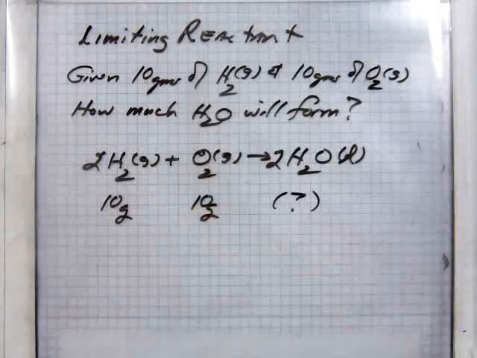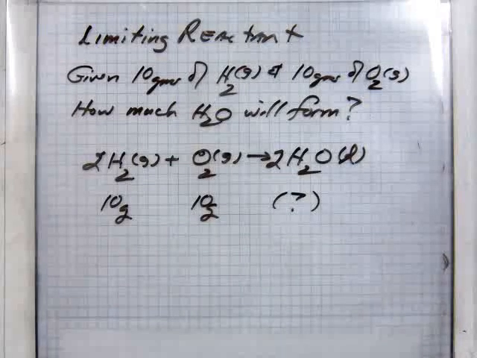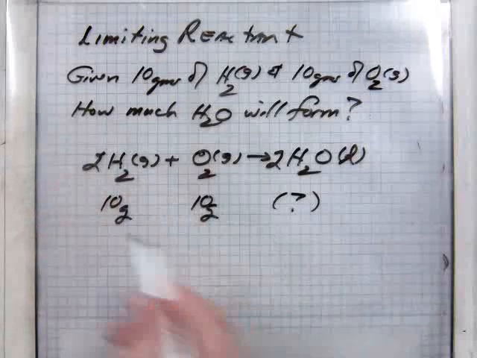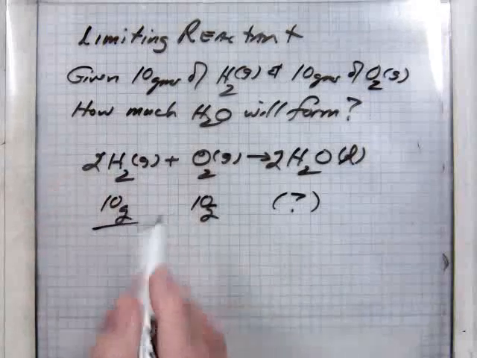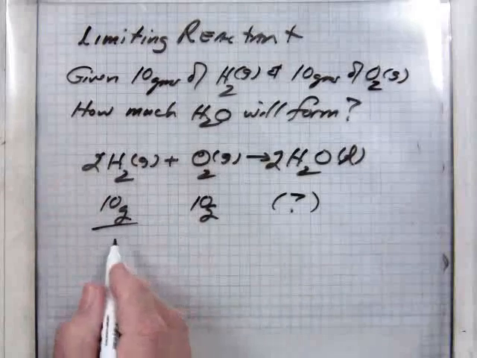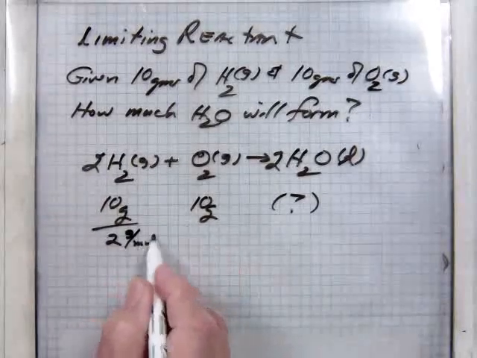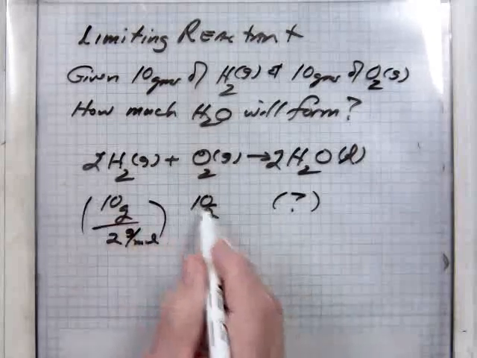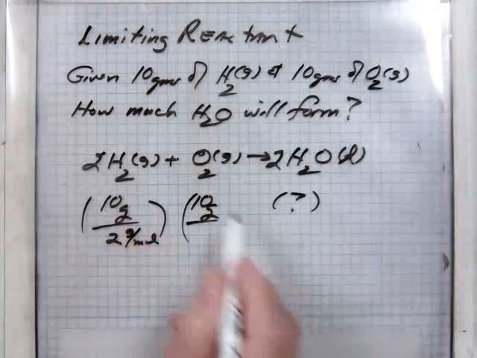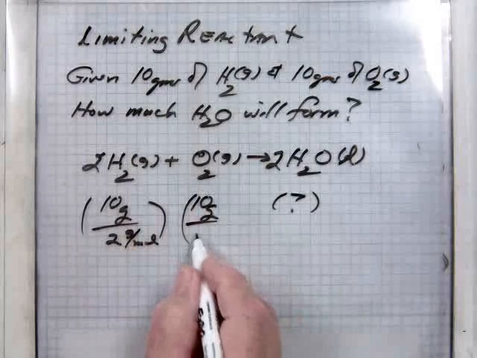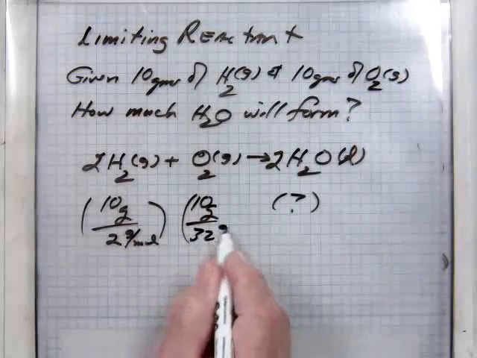Now, I talked to you yesterday, regardless of what the data is, convert it to moles. And then in this case, we divide by formula weight in each case. So we'll divide 10 by 2 grams per mole, and 10 divided by 32 grams per mole.